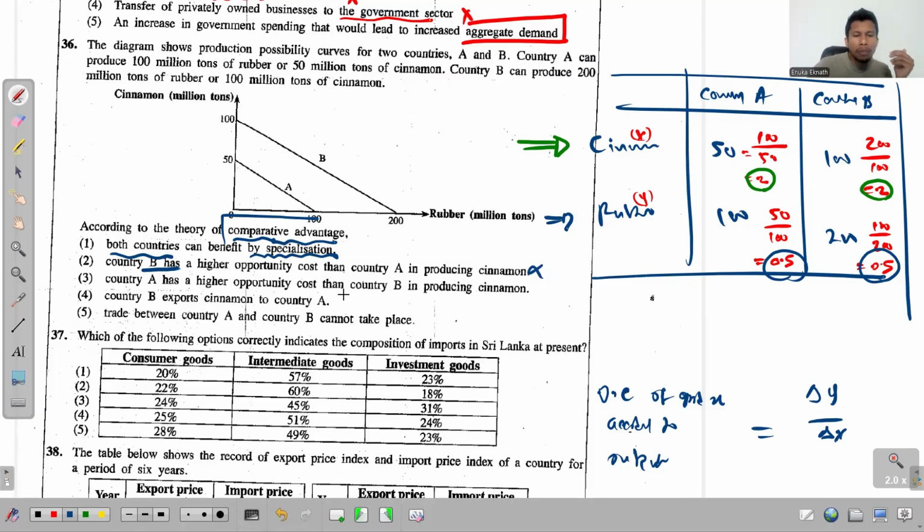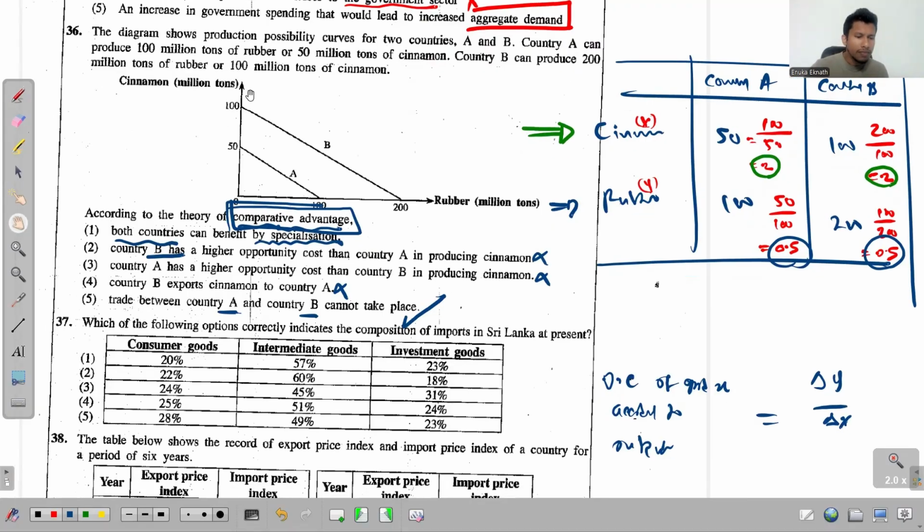Country A has a higher opportunity cost than country B in producing cinnamon. No, it's the same. Country B exports cinnamon to country A. No, it's impossible based on the comparative advantage. Fifth one says trade between country A and B cannot take place. Yes, it's true. According to the comparative advantage principle, there will not be any international trade between these two countries.